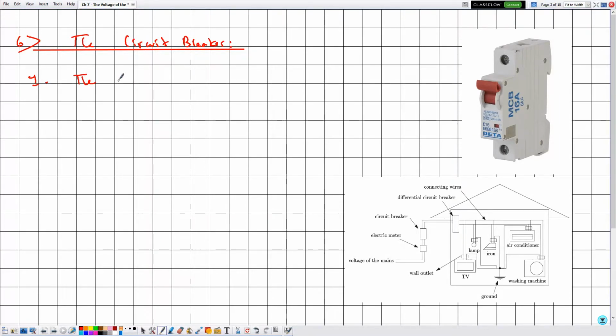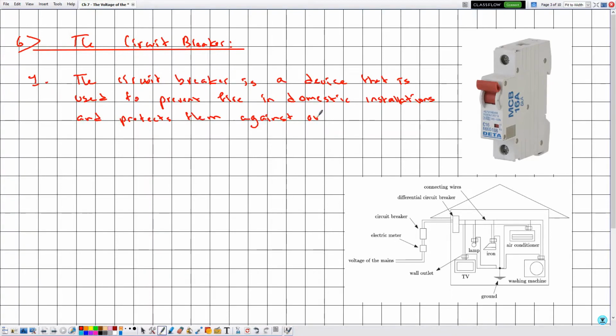The circuit breaker is a device that is used to prevent fire in domestic installations and protects them against overload currents.